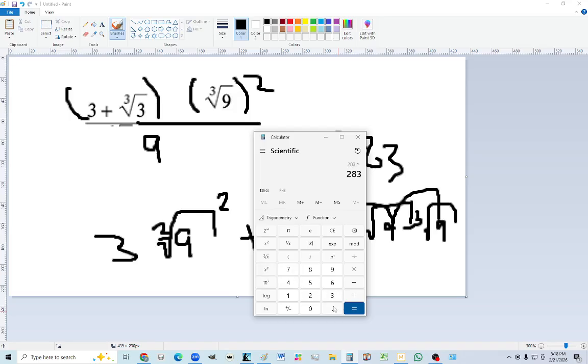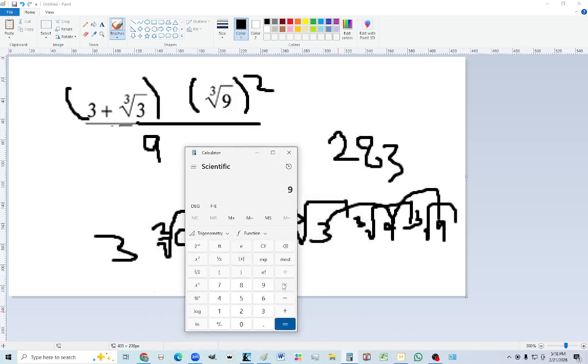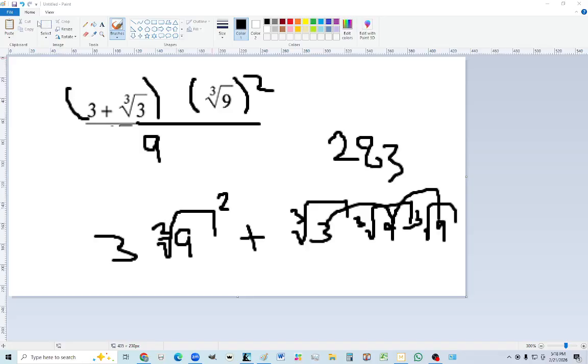So that has a cube root. Okay, what is 81 times 3? Sorry, what's 9 times 9 times 3? 243. So you get the cube root of 243.